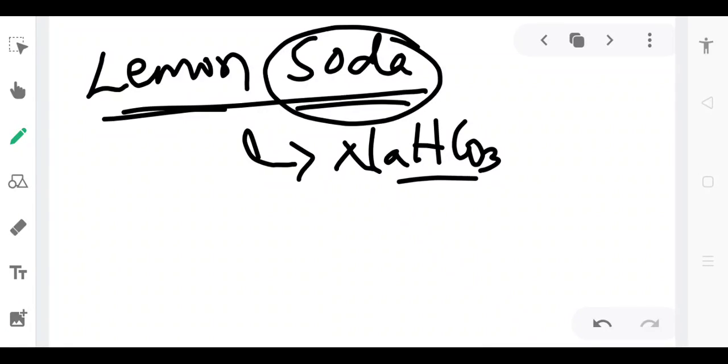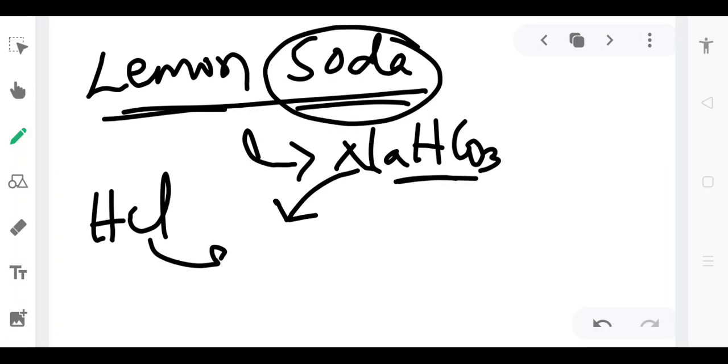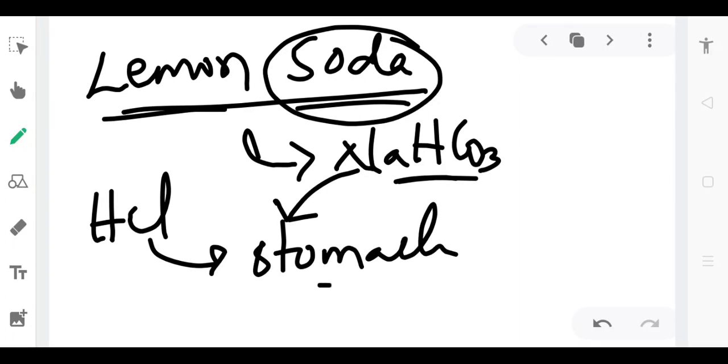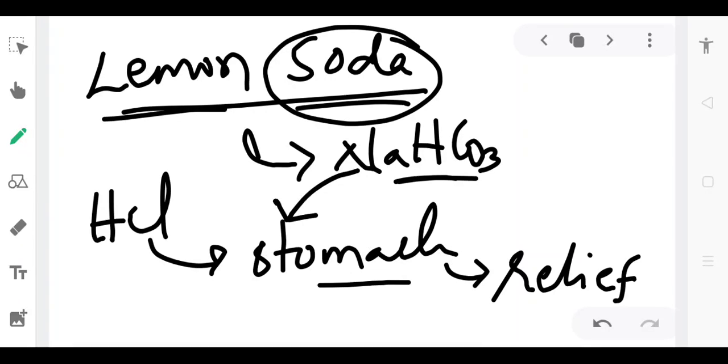This baking soda neutralizes the effect of acid, which is hydrochloric acid in our stomach, so we get relief. This is one more use of baking soda.